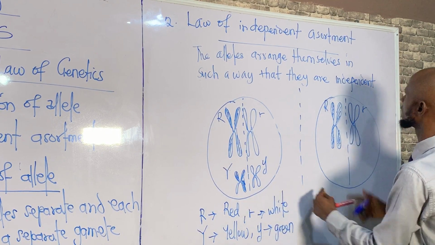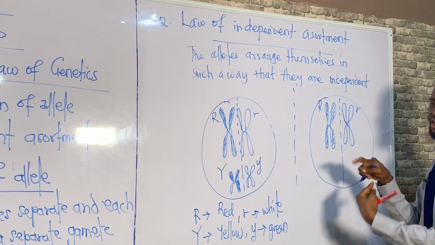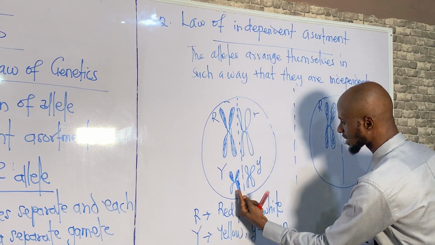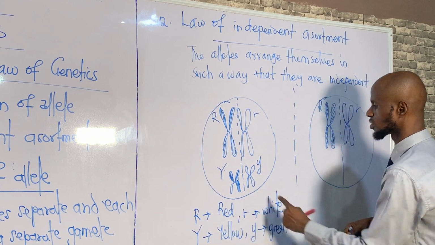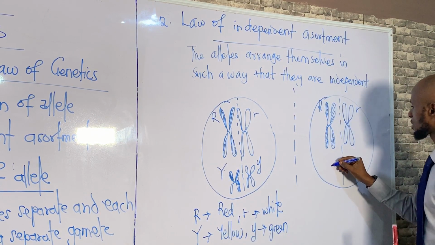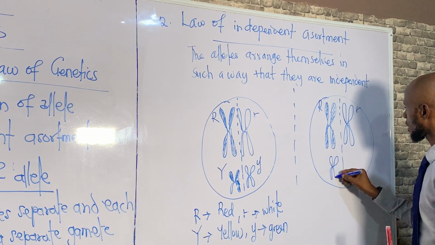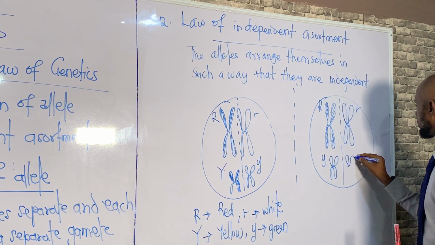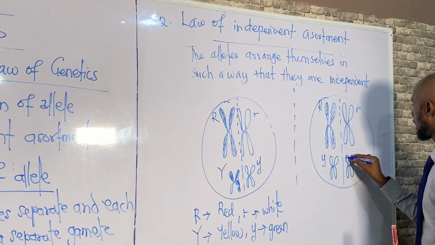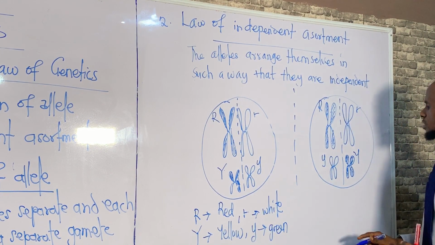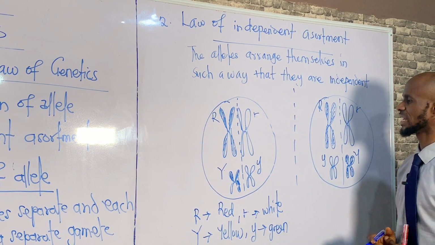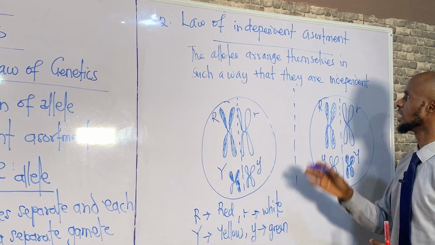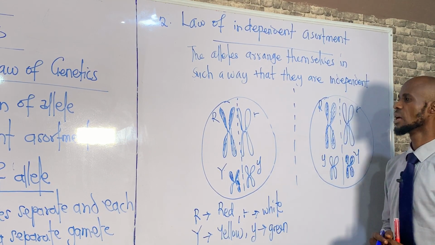Because they are independent, they have an independent arrangement. It can either be this and this, or this and this. So we have the small y coming here, and the big Y coming in. This is what Mendel explained by the law of independent assortment.